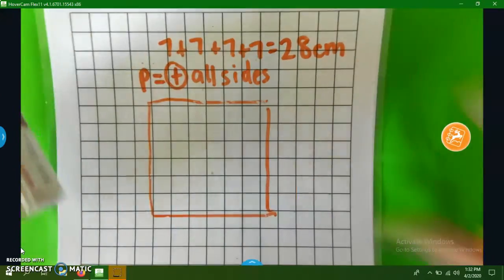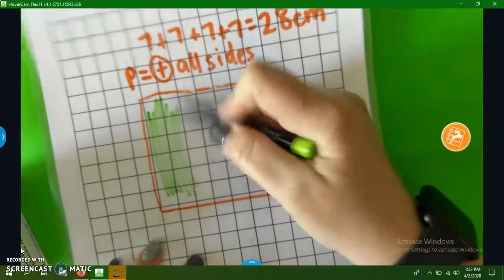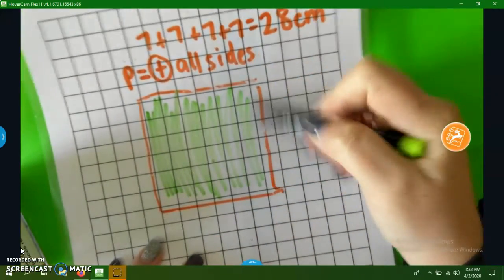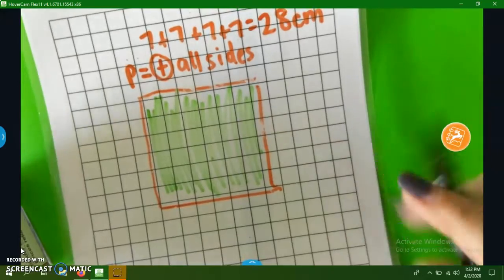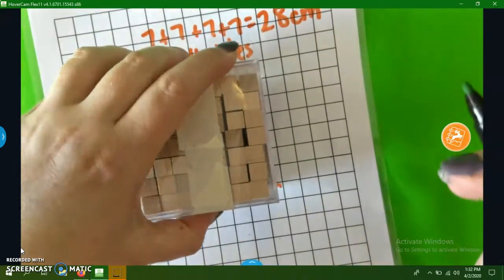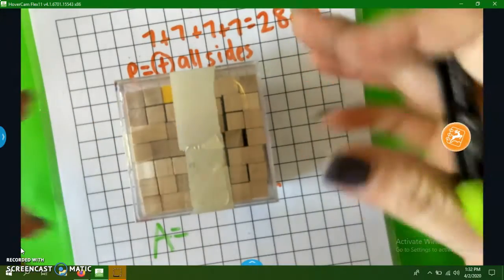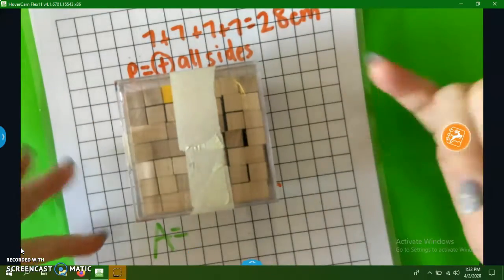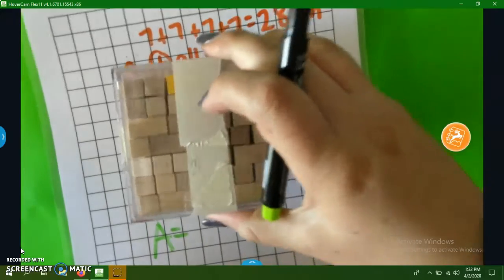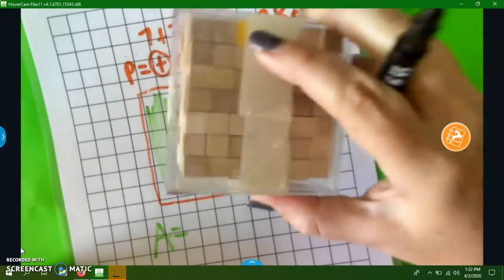I could also find the area, so I could tell you how much space this cube covers when I set it down somewhere. Even though it has height because it's 3D, it doesn't take up more space than something else. It's still covering that same square shape when I sit it down.